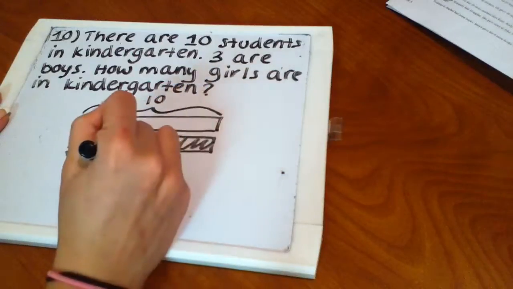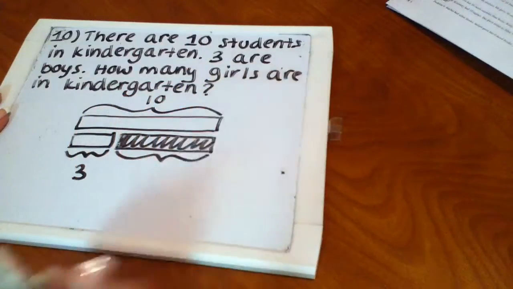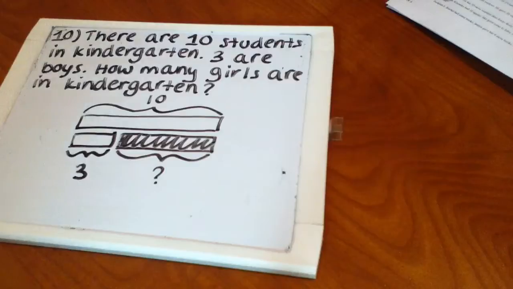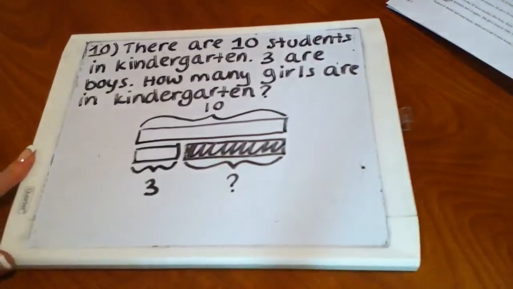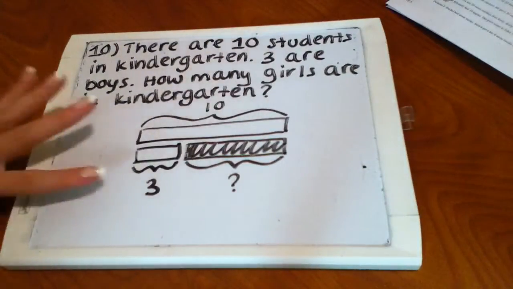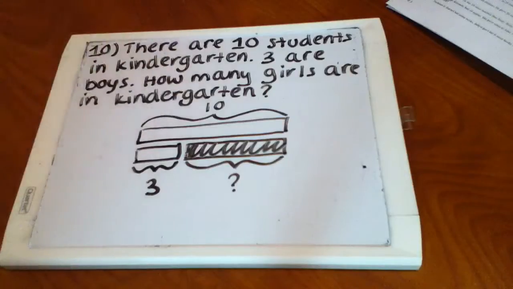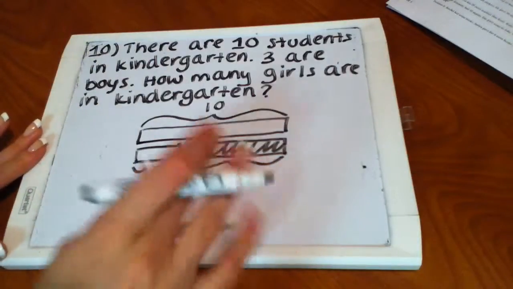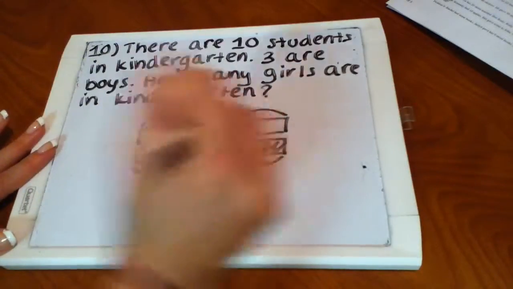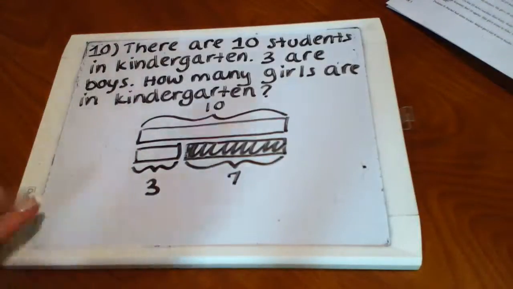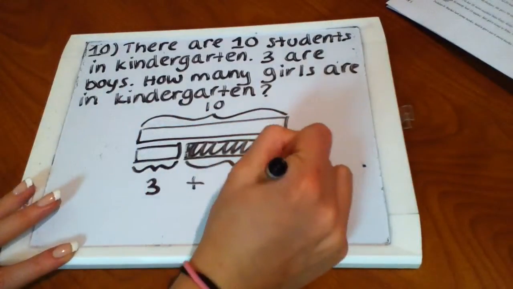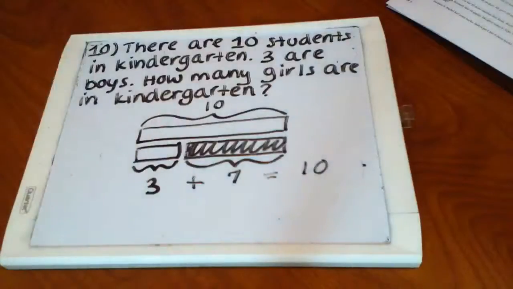How much is this strip? And as we said in our structure problem, 3 to 10 is 7. And if you add 3 plus 7, that's 10, which is our whole. So that's how you use different structure problems and strips to represent answers.